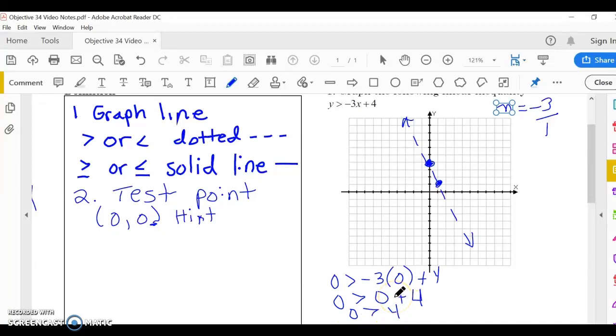Now, when we do this, we have to ask ourselves a question. And this is the 3rd step. If it's a true statement, then we shade that side. If it's false, we shade the other side.